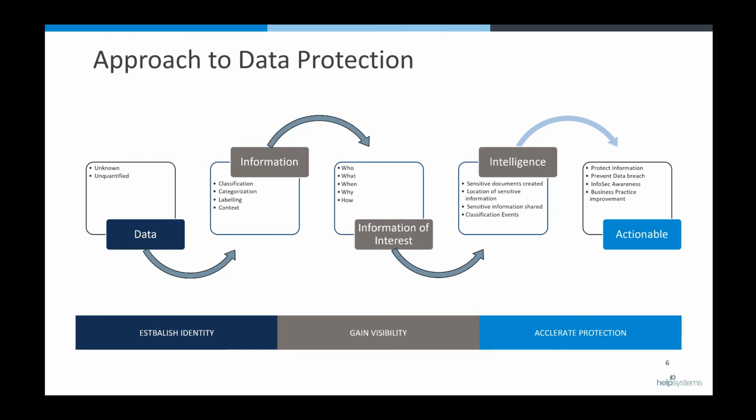Once identity is established for any specific information of interest, it could be regulatory information, sensitive financial information, or intellectual property, organizations can get a lot of visibility on how this information is managed within the organization and translate that into meaningful intelligence. So what I mean by that, let's take for instance, if organizations want to know where all regulatory information is residing.